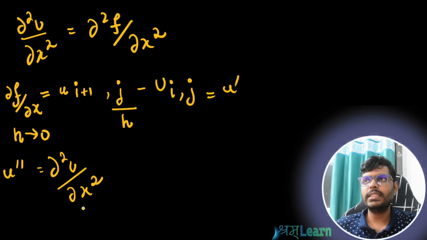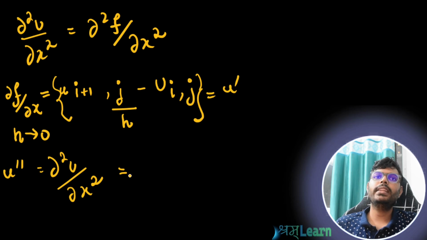Okay, what does this mean? This means that whatever function I have got, I have to again take that and then again take two instances of that, and divide it by h.